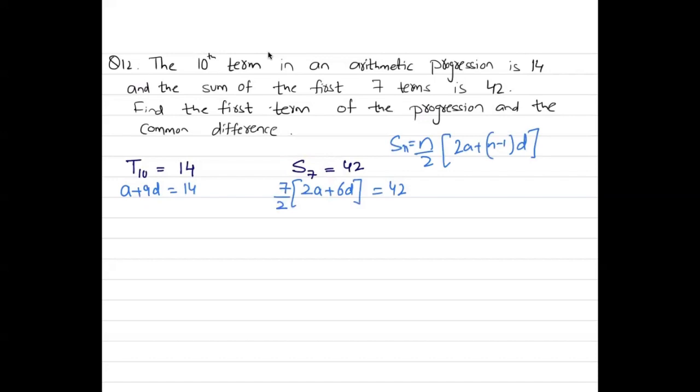So you are going to again make two equations and solve them simultaneously. If you simplify this equation, this is going to be 7a plus 21d equals 42. That's your equation number 1, and a plus 9d equals 14 is equation 2. You're going to solve equations 1 and 2 simultaneously.